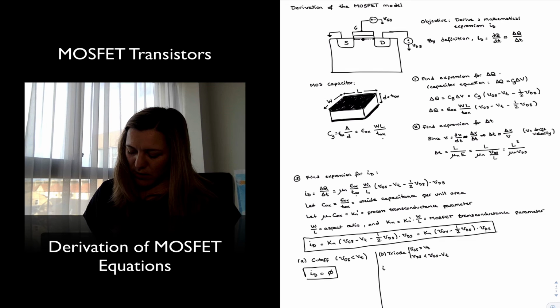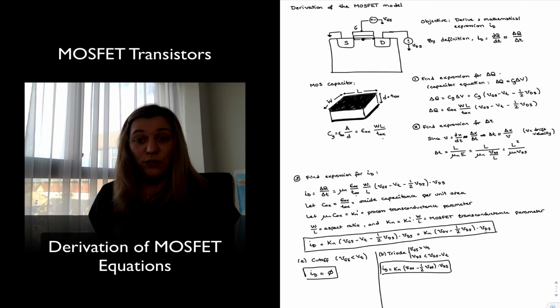And in that case, we have our expression for current that we just have come up with. ID is equal to Kn times VOV minus 1/2 of VDS times VDS. And so we have that ID is basically a function of VDS.